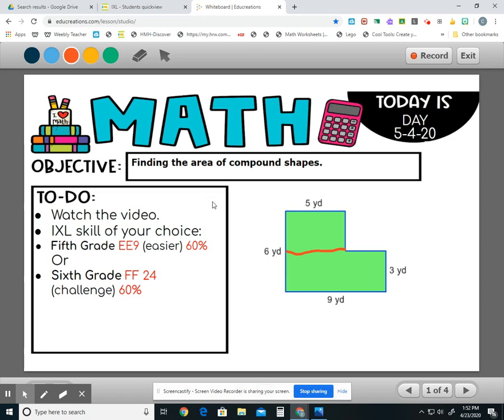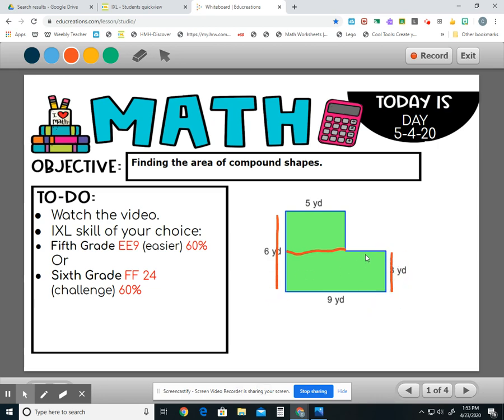So when you take a look at it, now you have your 2 shapes that you have broken apart. Remember that it gives you some measurements, but you have to kind of imply the other ones. So for instance, this whole side is 6, right? And this little side is 3.